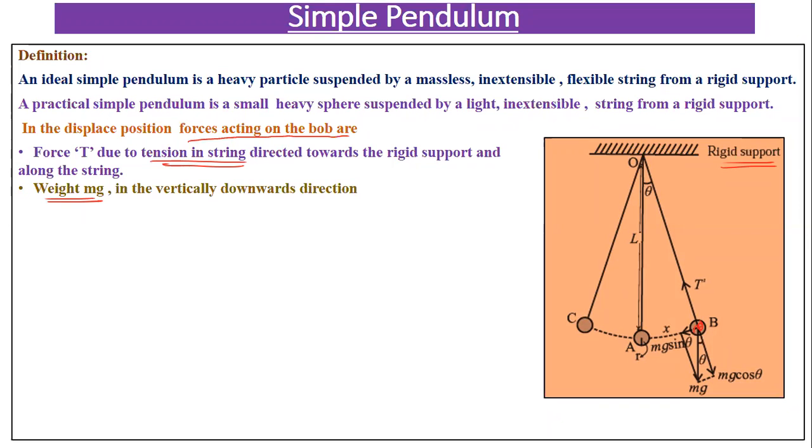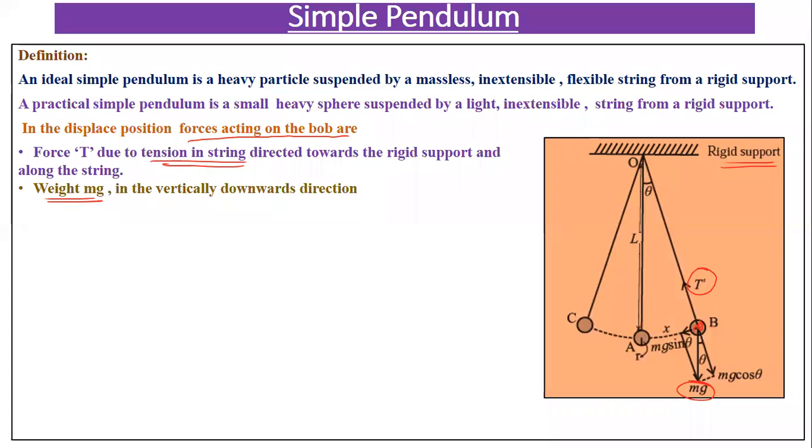Two forces are acting on this bob. You can see in the diagram tension T, and the second one is weight. We already learned in the conical pendulum article that two forces act on the bob, tension and weight. The same forces are acting here.